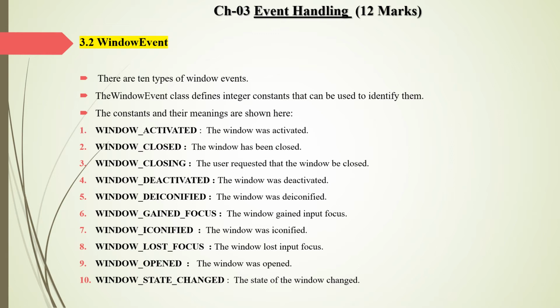So remember these constants and their meanings. All meanings are in the name of the constant, which defines its meaning. So there are 10 different types of window events, and every type has one constant. Then another point is that WindowEvent is a subclass of the Component class.